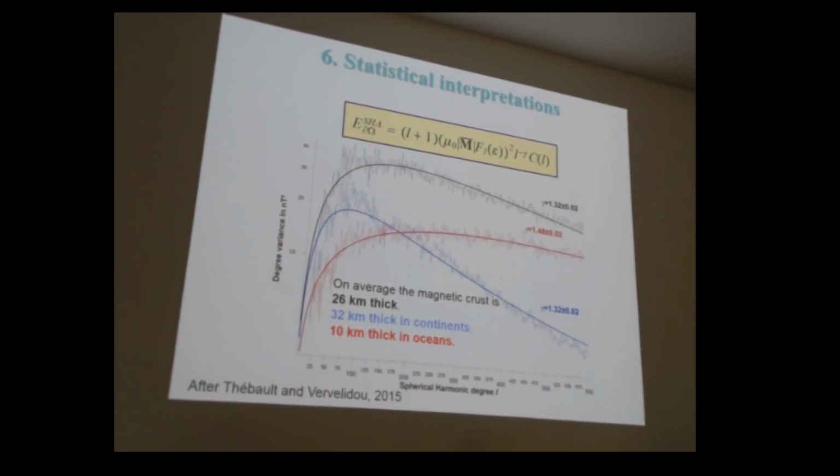But in this case, it seems that statistically, the Moho discontinuity seems to be also a thermal boundary for the magnetic field. So this is another piece of information because we have, inclusive of continents, the depth seems to be bounded by the Curie limit. So we have constrained already some parameters.